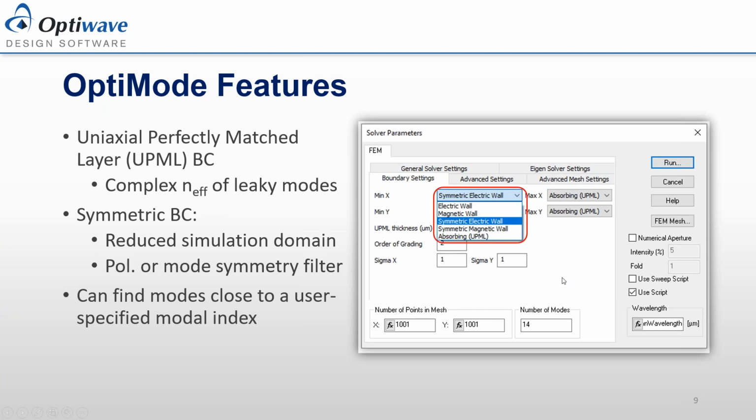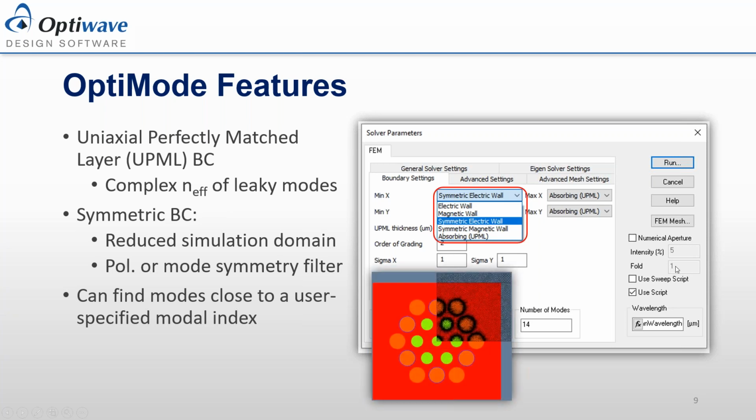So I can actually bring that up here. You can see that the particular structure under examination has a fourfold symmetry, it has more than that, but it has a fourfold symmetry. So we could take advantage of symmetric walls along the X and the Y directions to reduce the simulation domain down by a factor of 4.